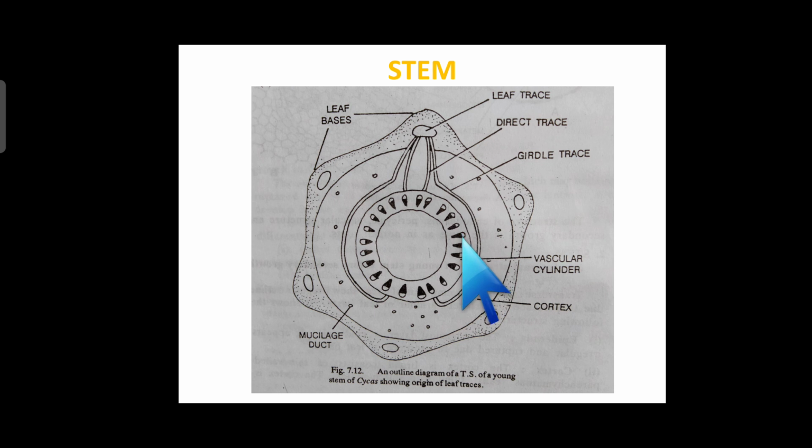So this is known as a fascicular cambium. It is present in between the primary xylem and the primary phloem. Here, in this case, it is referred to as the vascular cambium.